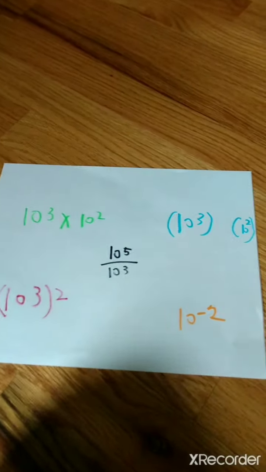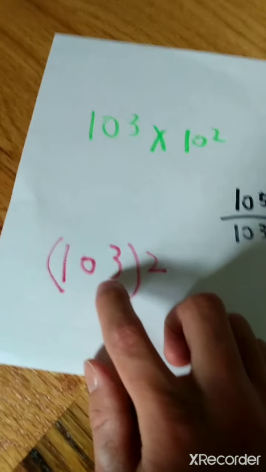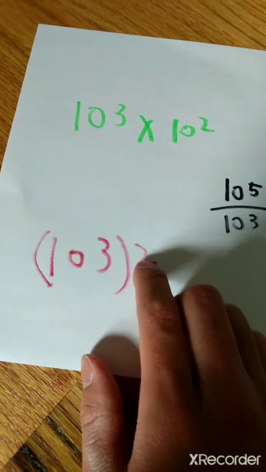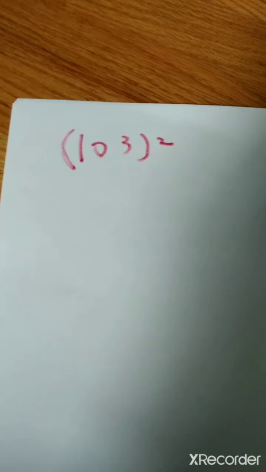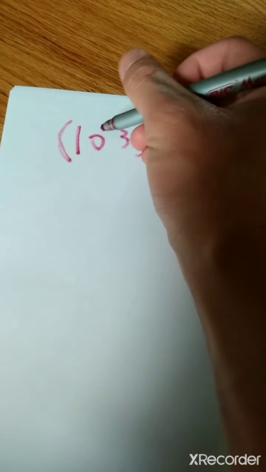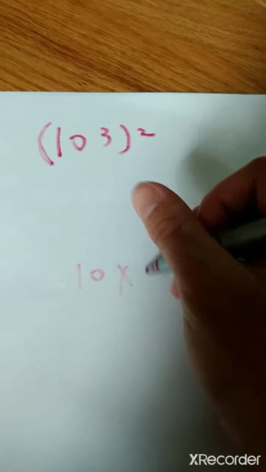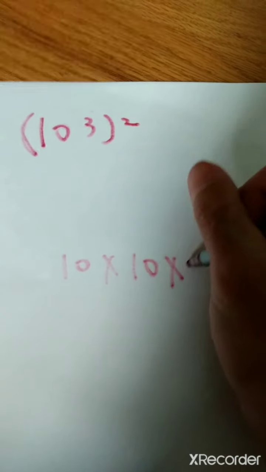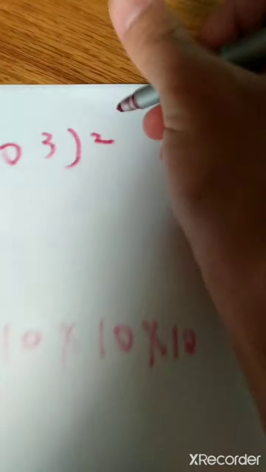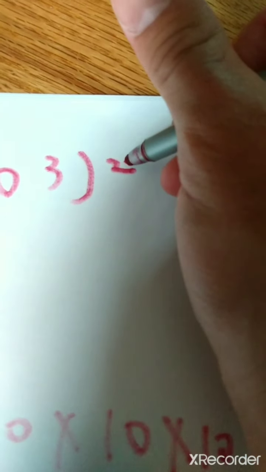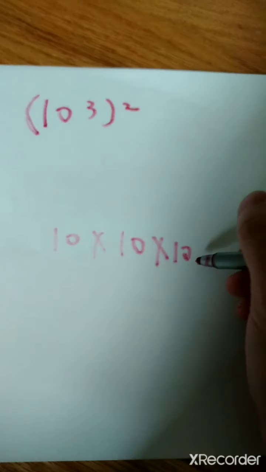What we're going to move on to is when an exponent is being powered by an exponent. When an exponent is backing up another exponent, 10 to the power of 3 is 10 multiplied by 10 again, multiplied by 10. But that number 2 is saying, whoa, whoa, whoa, that is not enough.